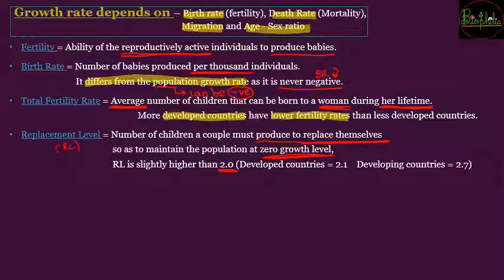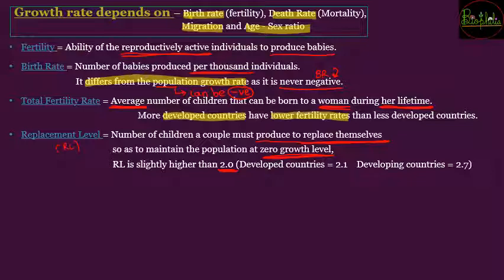So दो से slightly higher होता है. The reason is because sometimes the children can die before reaching the age of reproduction. So before the age of reproduction, some children can die. उसकी वजह से the replacement level is slightly higher than 2.